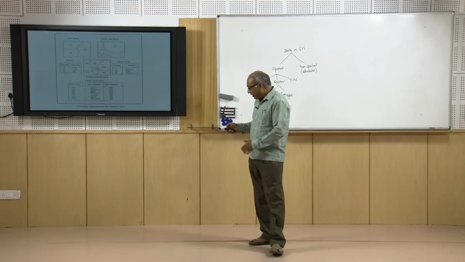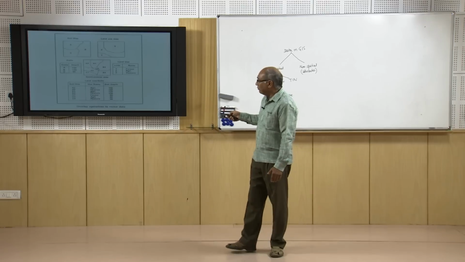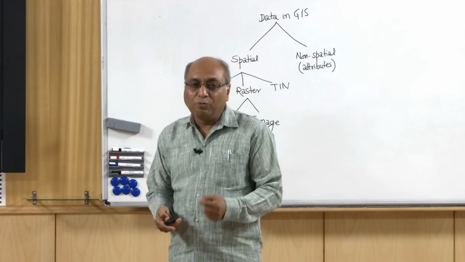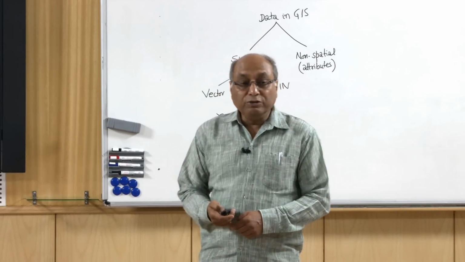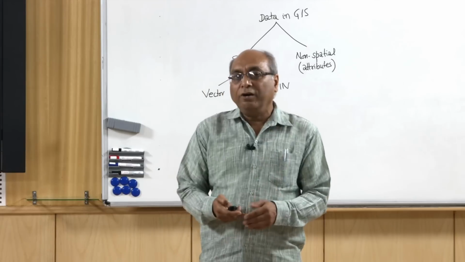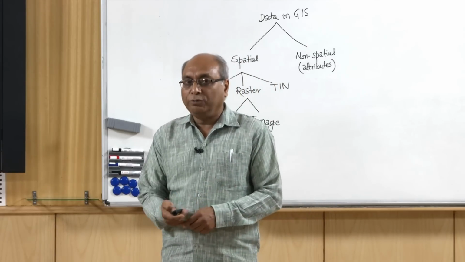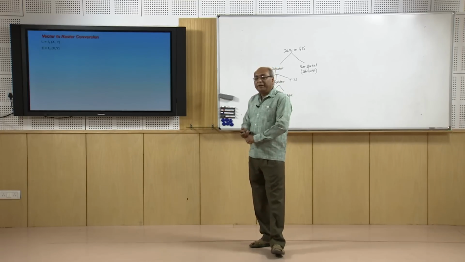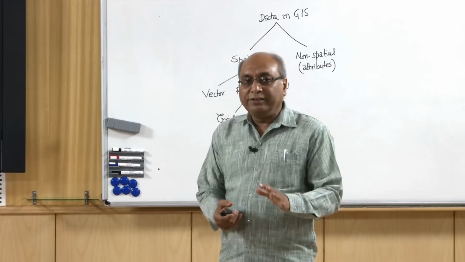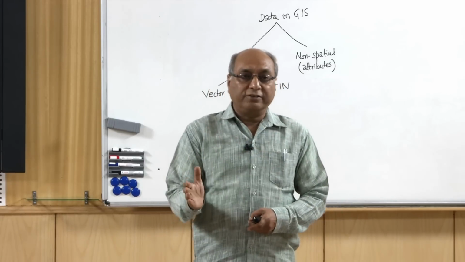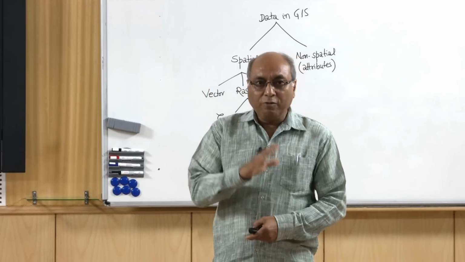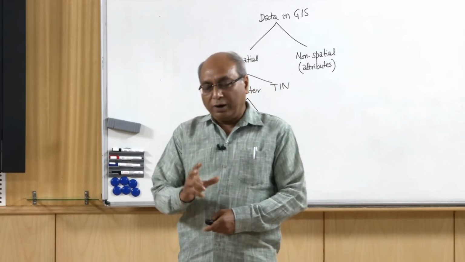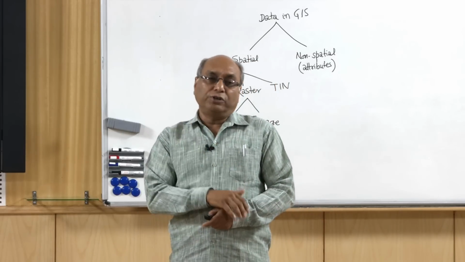But if you overlay many polygon vector maps, then you will end up with very small polygons, splinters, and the interpretation or utility of such maps becomes very difficult. Now, I also mentioned that nowadays it is possible to convert from vector to raster and vice versa. However, with some limitations, and whenever you convert from one format or model to another, you will introduce some errors.